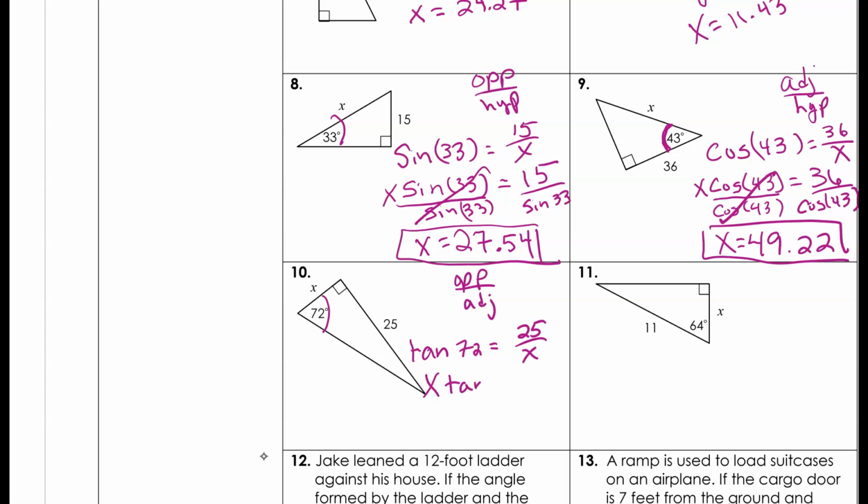Multiply both sides. Divide by the tangent of 72. That leaves x equals, and then I've already calculated 8.12.